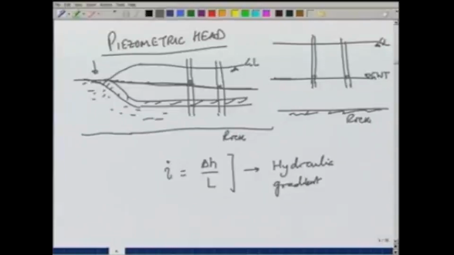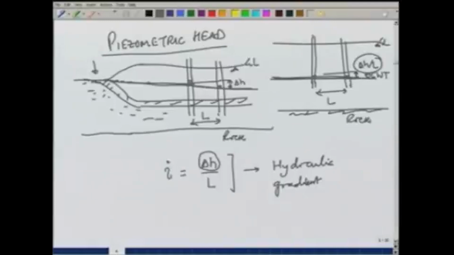So, the slope of this groundwater table will give the hydraulic gradient. But in confined aquifers, it is the piezometric head difference delta H, and so this gradient is the driving force for the groundwater flow.